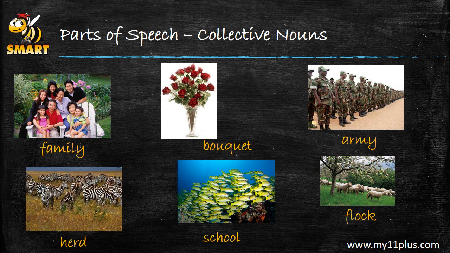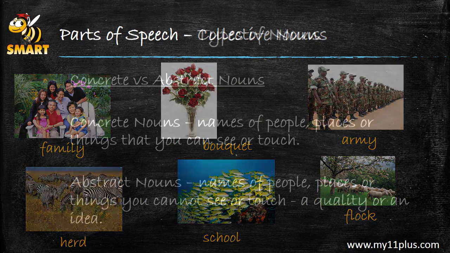So when you see those words, they bring to mind a group of people or a group of places or a group of objects or a group of things. So those are collective nouns. So for example, a bouquet, we use it to refer to a group of flowers, or a school of fish to refer to a group of fish.